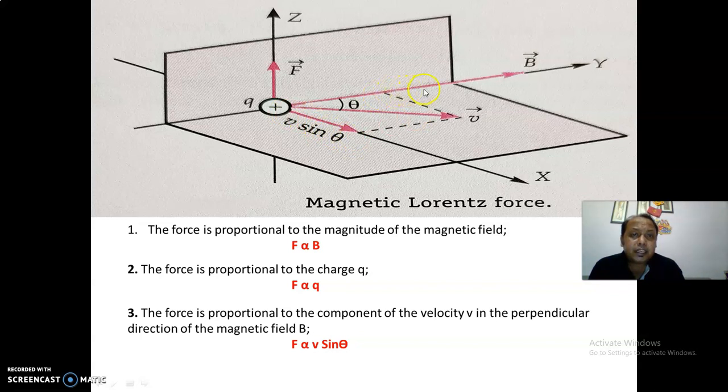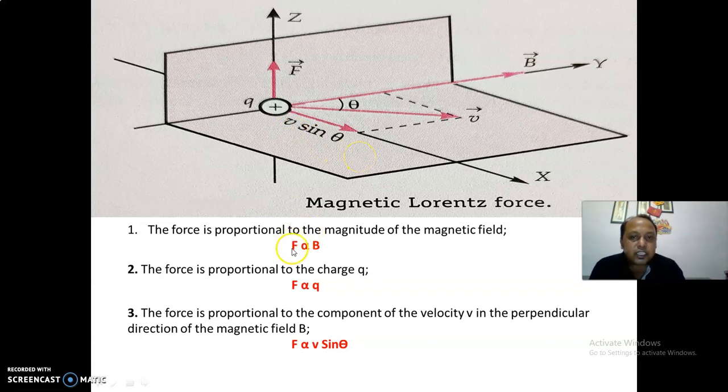You can see magnetic field is along y-axis. So along x-axis, the component of velocity is v sine theta. So the force acting on the charge Q is directly proportional to the component of velocity perpendicular to the applied magnetic field, which is v sine theta.